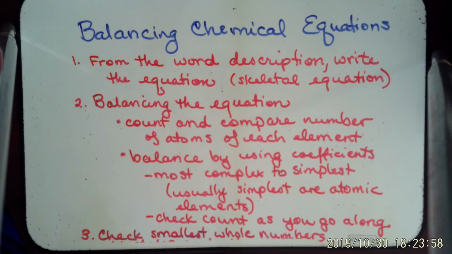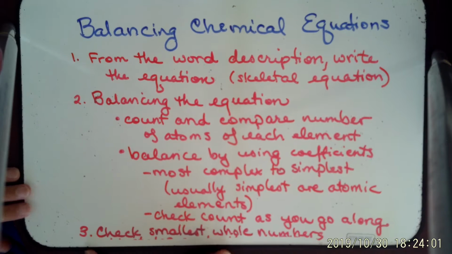Then you have to do number 2, which is to balance it. So the first thing you're going to do is do your count like we did previously. Count the total number of atoms of each element, both on your reactant side and on your product side. And what you'll do after that is start balancing them by adding the coefficients. Oftentimes the best way to do this is to go from your more complex compounds, balance those out first, all the way to your simplest compounds, or more likely your simplest atomic elements.